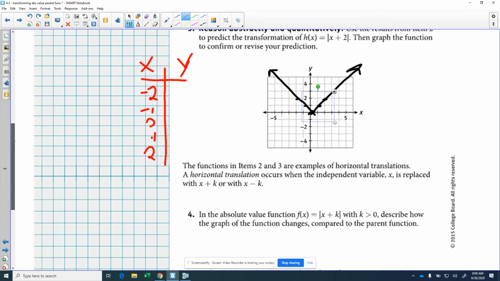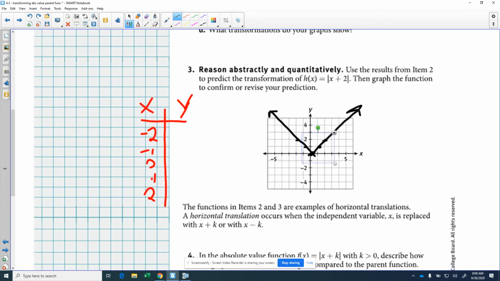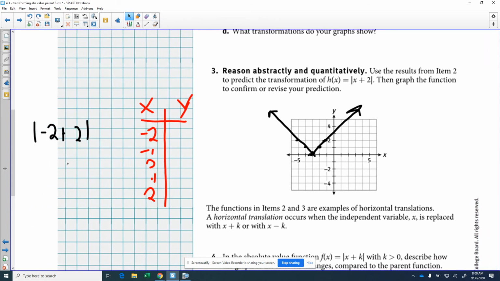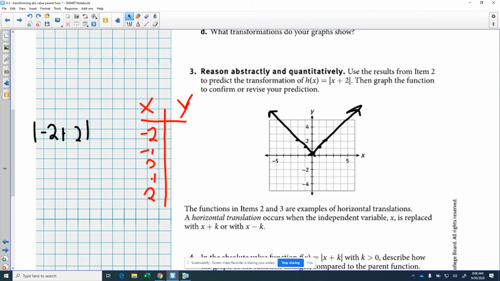If I were to plug these numbers in, let's think about what happens. If I plug -2 into this equation, this would be the absolute value of -2 plus 2. Technically, this is all in the absolute value, so I work out the math, and this becomes the absolute value of 0, which is 0.